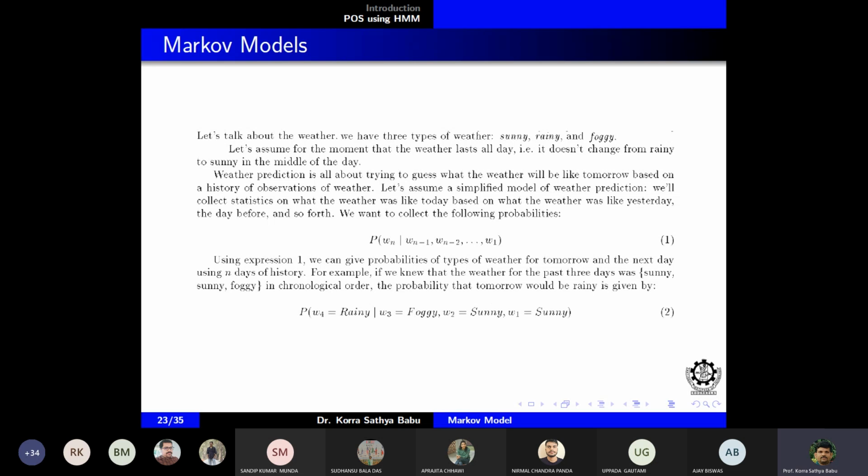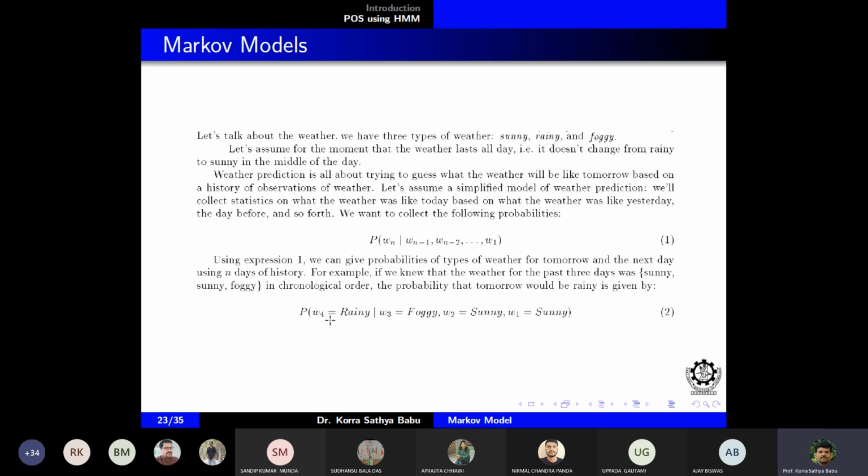If you see equation 2 here, we can give it like this. The first day W1 was sunny, W2 was sunny, and W3 was foggy. So the probability of W4, the fourth day, equal to rainy, given the first day is sunny, the second day is sunny, and the third day is foggy.